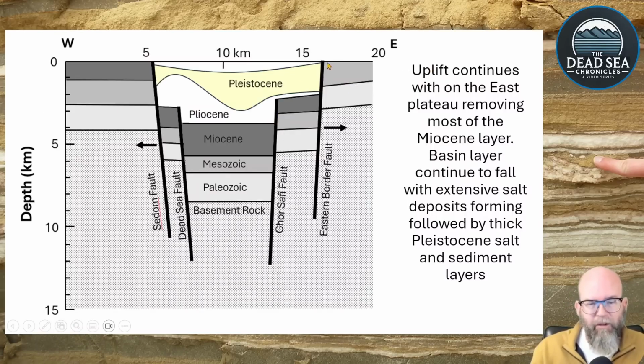And what I also need to show you on this figure is that the one side, the east side, is lifting at a greater rate than the other side. So you see the Miocene rock over here? That rock is now lifted up higher. And in some cases, it's eroding off, right?